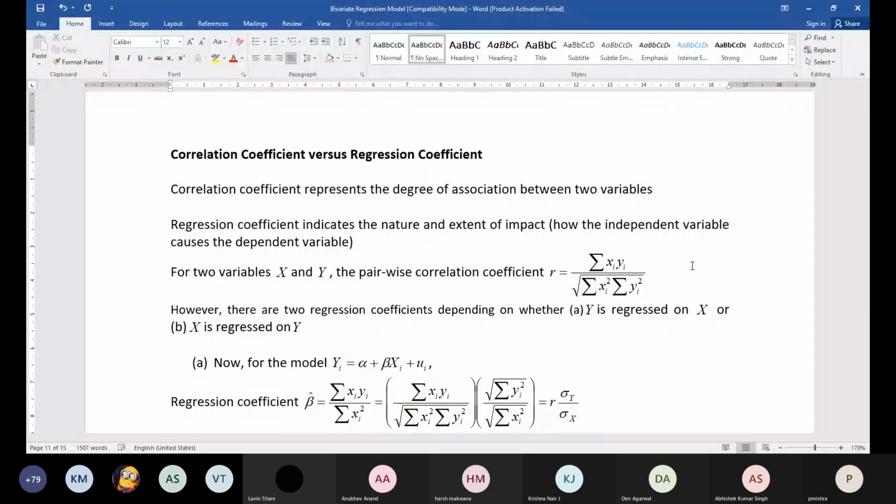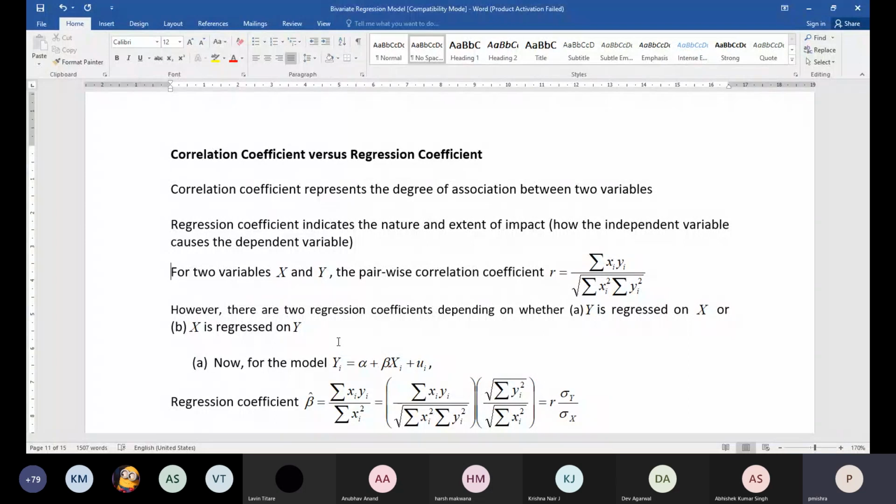Now, if there are two variables X and Y, we'll have pairwise correlation coefficient this way. But there would be two regression coefficients depending on whether you are regressing Y on X.